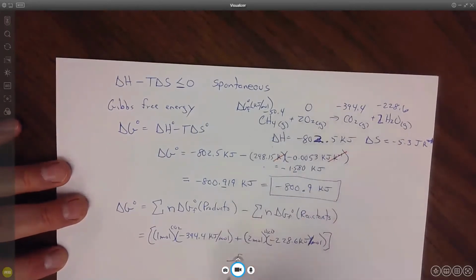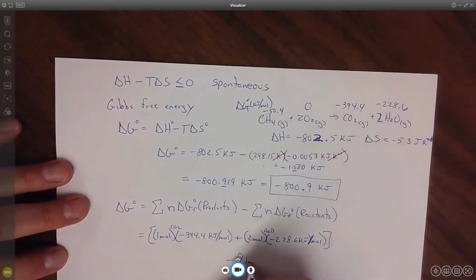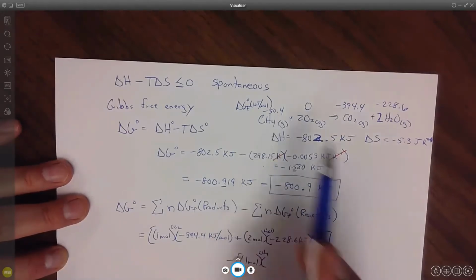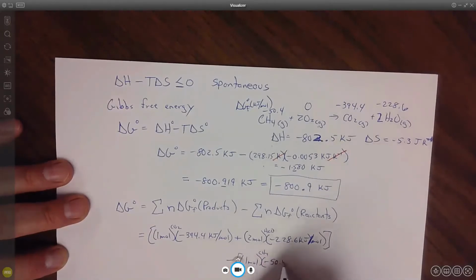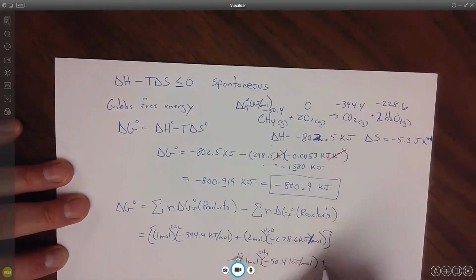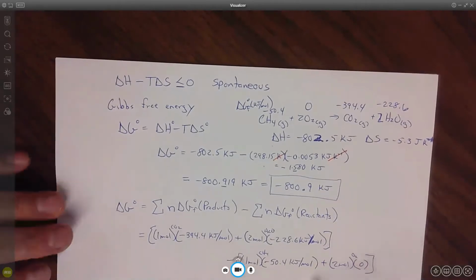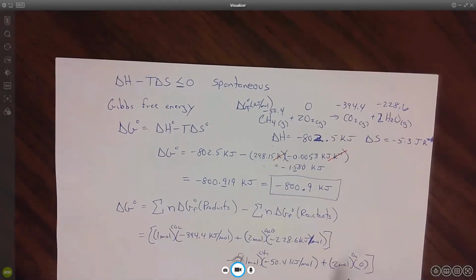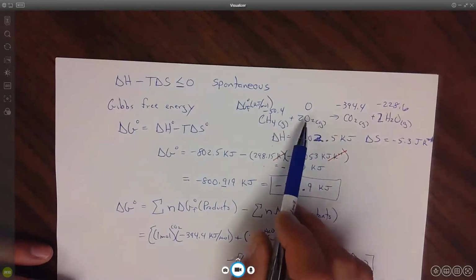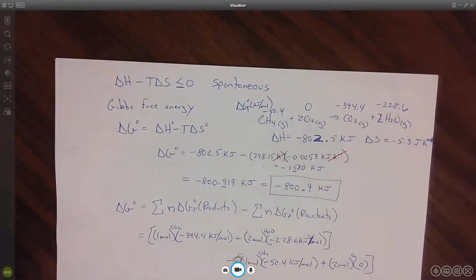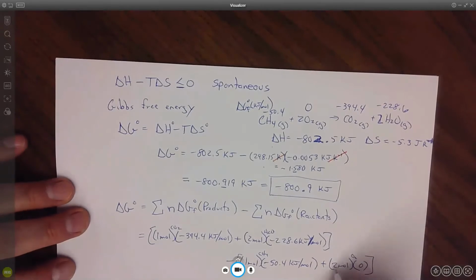So that's the 1 mole of methane at negative 50.4 kilojoules per mole. And then add to that the 2 moles of oxygen. But again, we saw that that was zero. So you don't have to show me this. I'm simply showing you this step because I want you to understand about the coefficients going with each one of these values. Okay? So that's just gone.